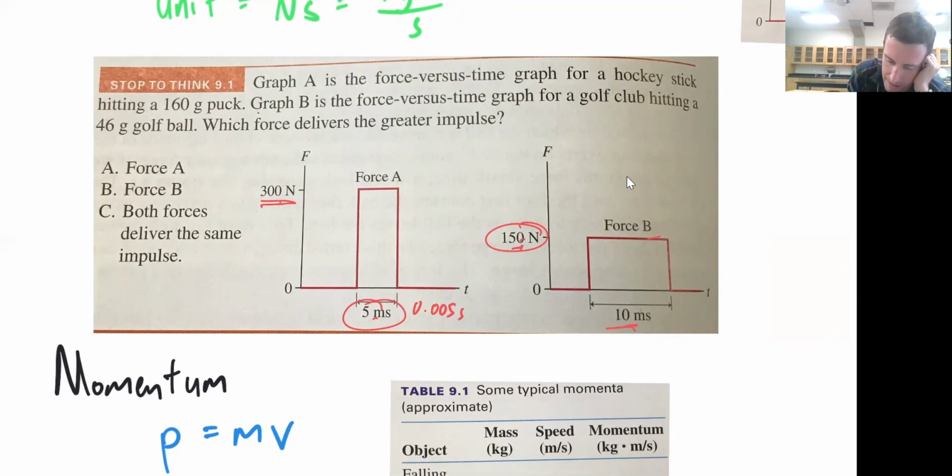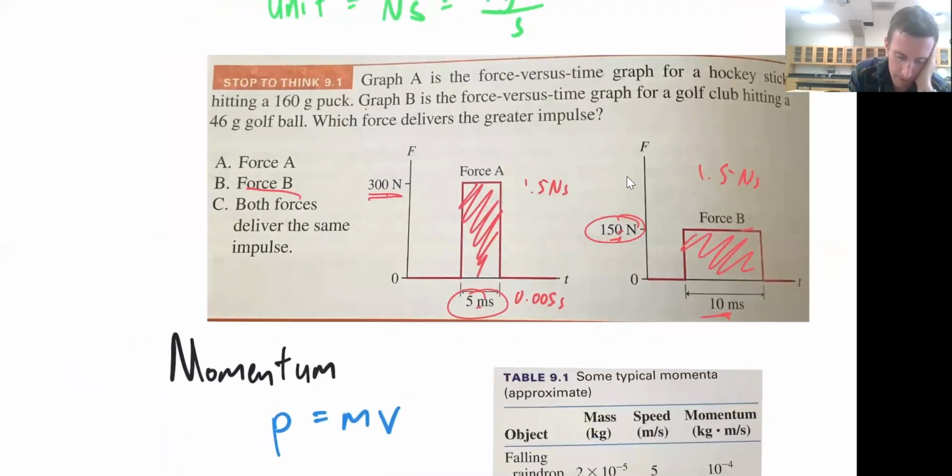So if I multiply these, I would get the same answer of 1,500 newton milliseconds, or 1.5 newton seconds. In each case, 1.5 newton seconds is the area in there. So those appear to be the same. Both forces deliver the same impulse. Cool.